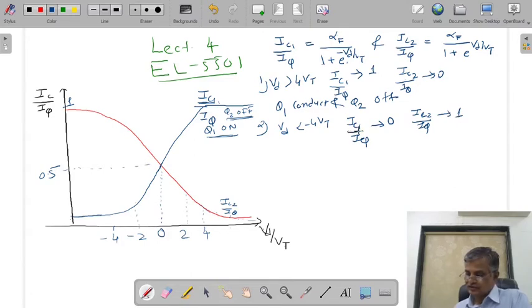What does it mean? In this region, IC1 tends to 0, which means Q1 is off, and IC2 is there, so Q2 is on.